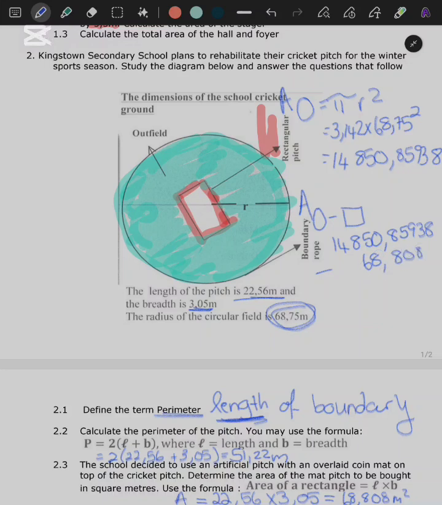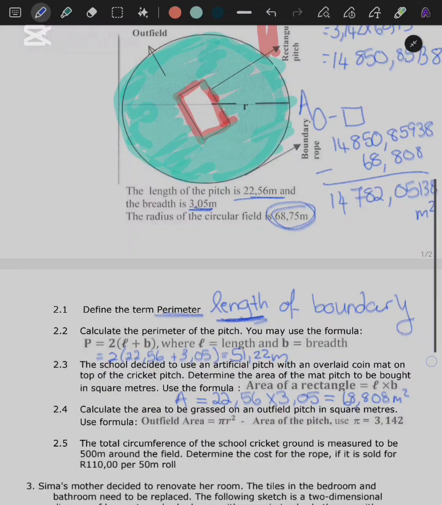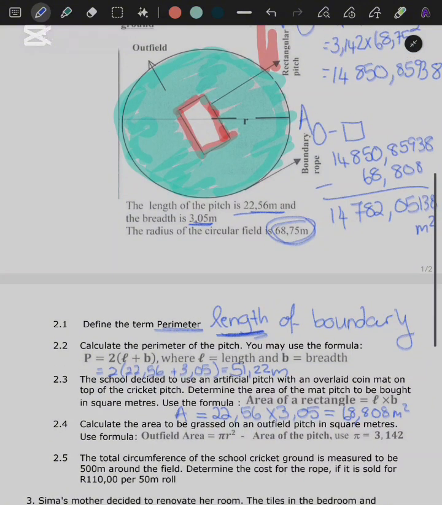And if I do that, I get 14,782,05138 if I'm going to do the whole decimal. And this is meters squared, because it's the area that needs to be grassed on the outfield.